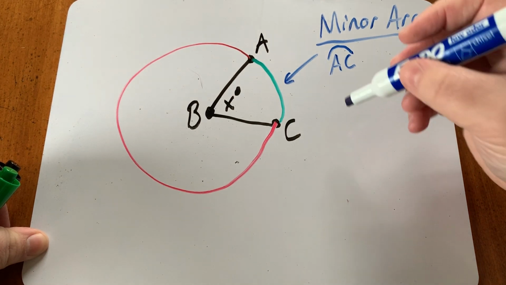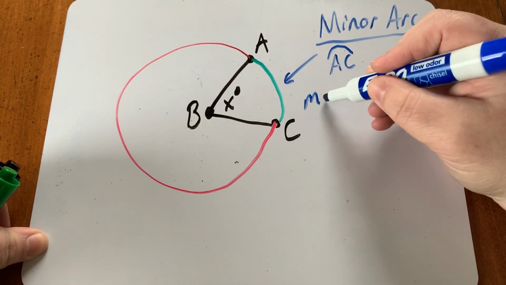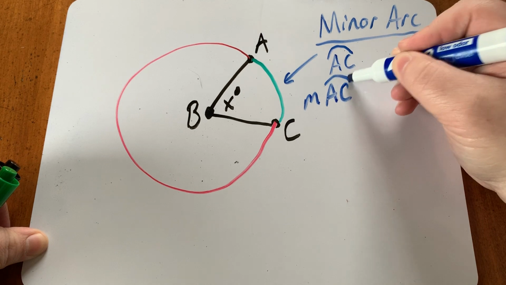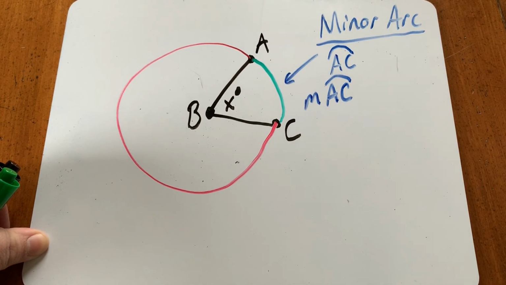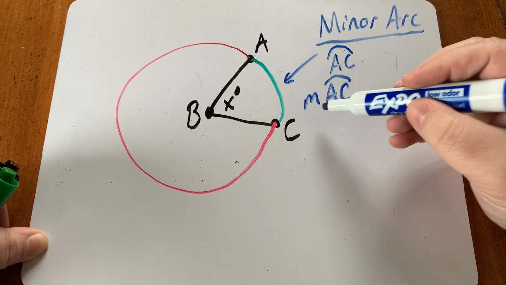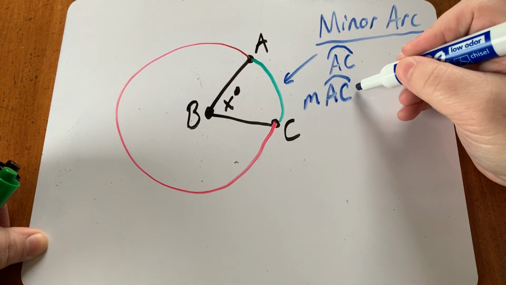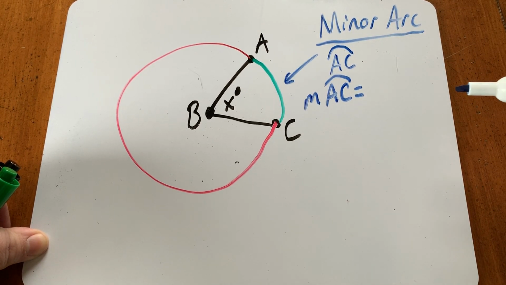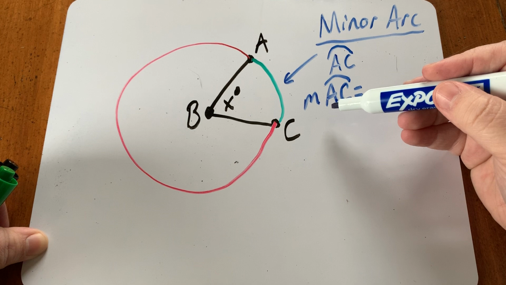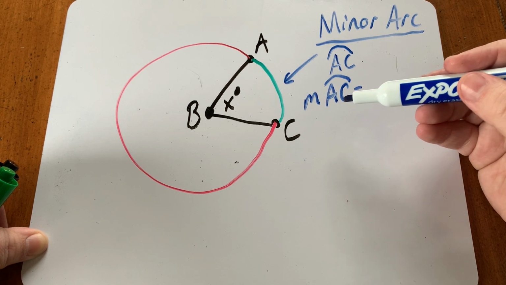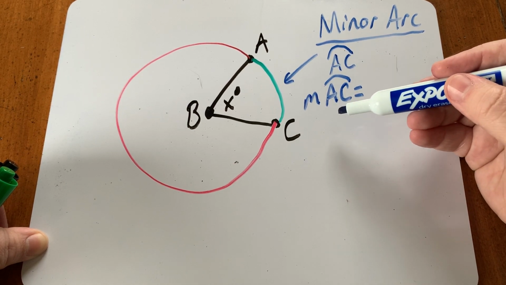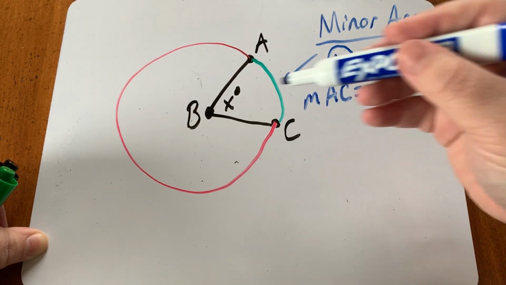When we talk about the measure of an arc, we use a similar notation to when we did the measure of an angle. So this means the measure of the arc. And what happens, the measure of the arc for a minor arc is equal to the measure of the central angle that intercepts that arc.